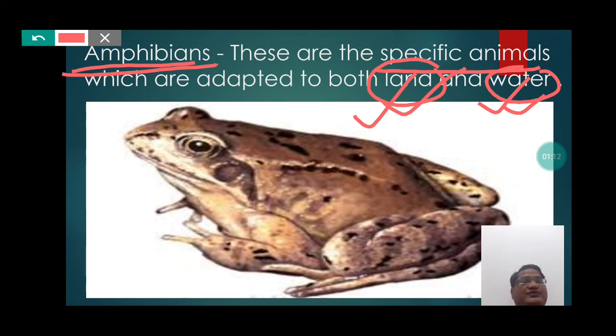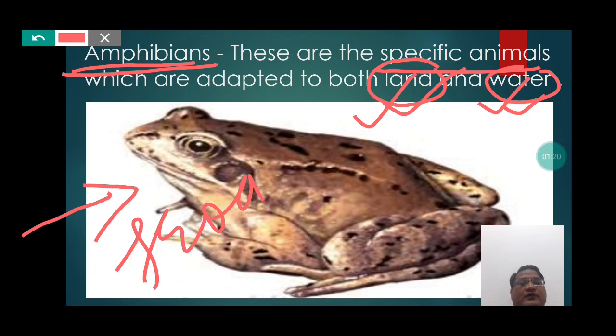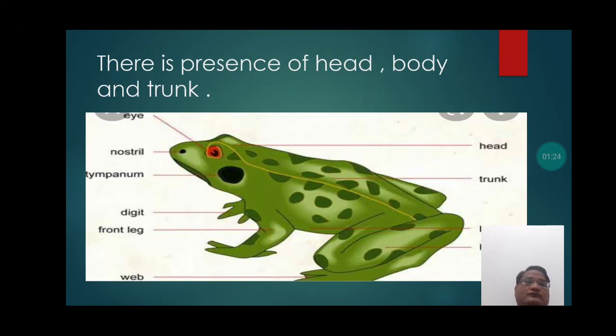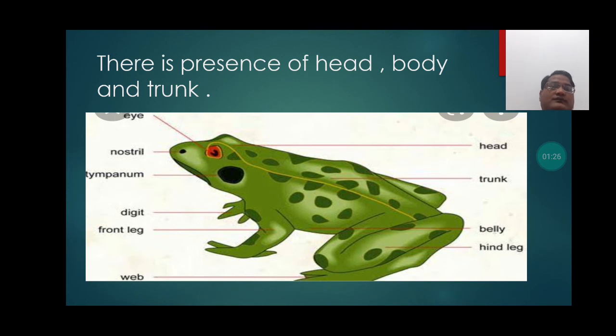So students, the most important example of amphibians, as you can see in this picture, is a frog. There is presence of head, body and trunk.